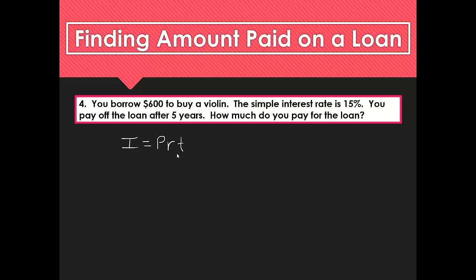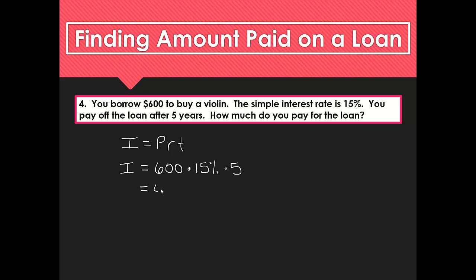And it says we borrow $600, so that's the P. The simple interest rate is 15%. So we're going to multiply that by 15%. And it says we pay off the loan after 5 years. So our time is 5. So we need to find the I, so the interest.